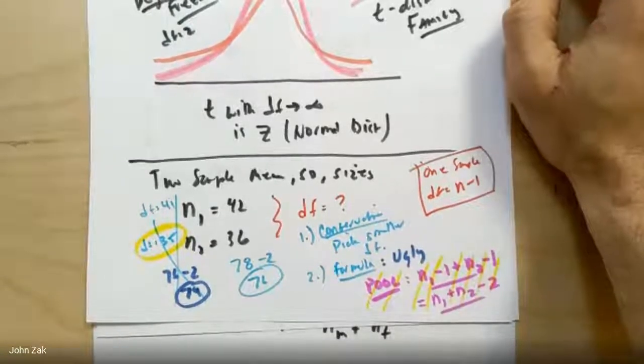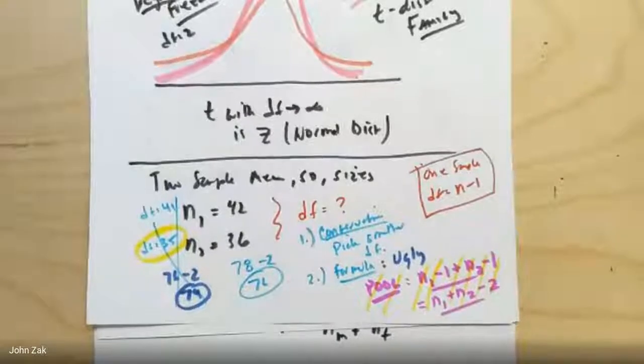In terms of the decimal, you just keep the decimal as is, right? In practice, the calculator already did all the math for you. The only way you are going to actually get that degree of freedom is by creating the interval in the calculator already, or by calculating the p-value in the calculator already. So you can just write down the degree of freedom to like 1 decimal place or 2 decimal places just to communicate which degree of freedom the calculator used.